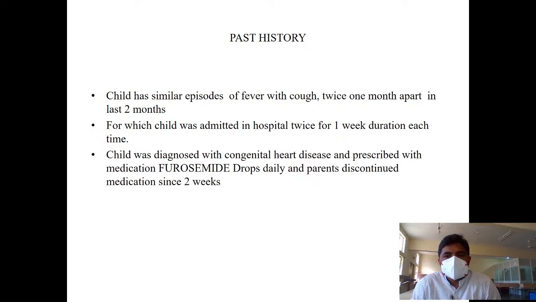Usually acquired causes, which are chronic in nature, present later in life. For example, in acute rheumatic fever, the common age group of presentation is 5 to 15 years. Most of the time congenital heart disease presents in the first year itself.